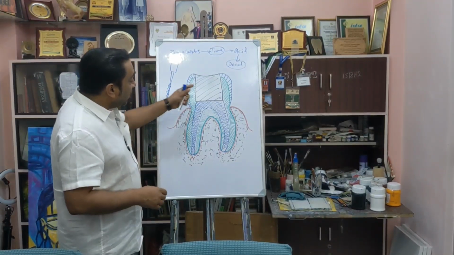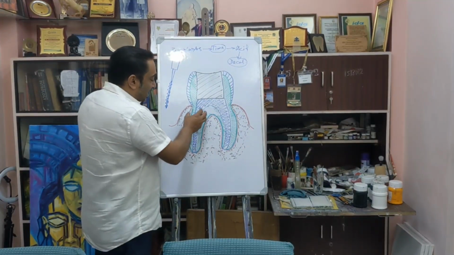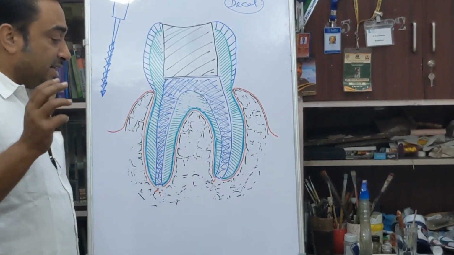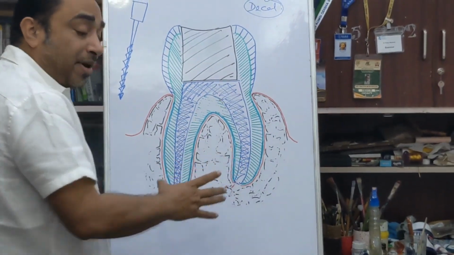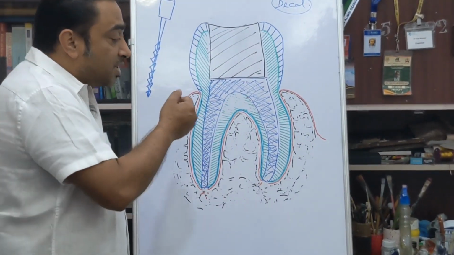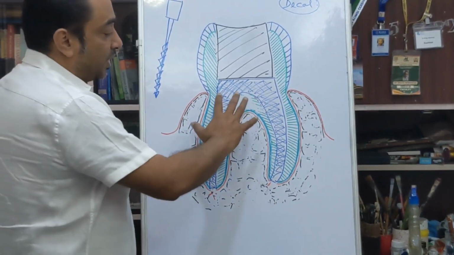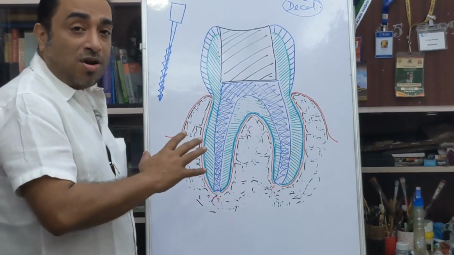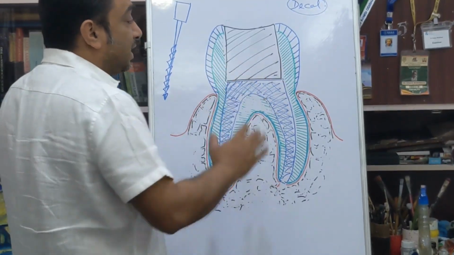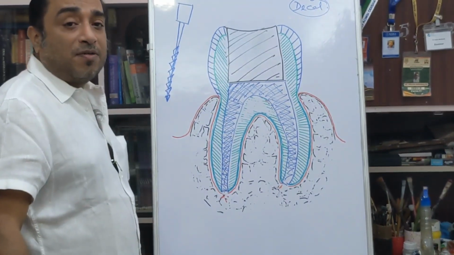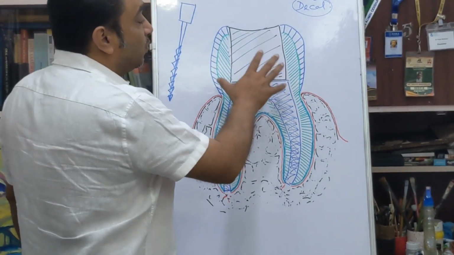However, if we leave it like this it is going to be a brittle tooth, because the dentine maintains its integrity and remains good as long as the pulp is inside, because the pulp, being the vital tissue, continuously provides the calcium salt deposit and such stuff, so that the dentine remains strong as long as the pulp is there. Now once the pulp is gone, the dentine has no new supply of nutrient to remain strong. So eventually it becomes weak and the tooth becomes brittle.